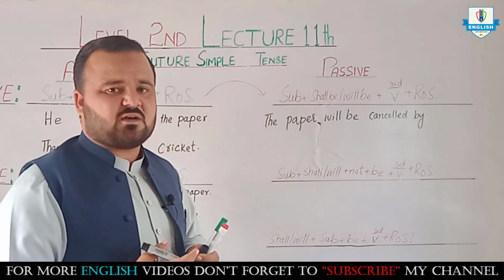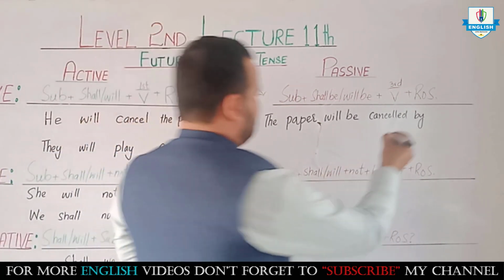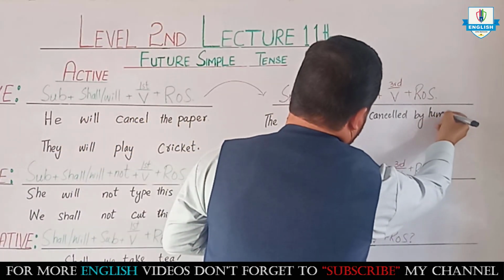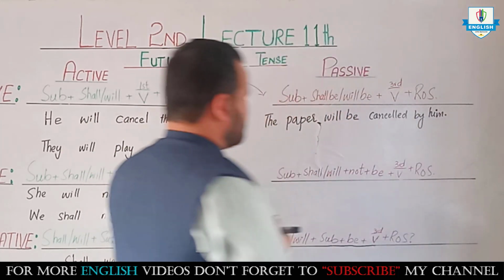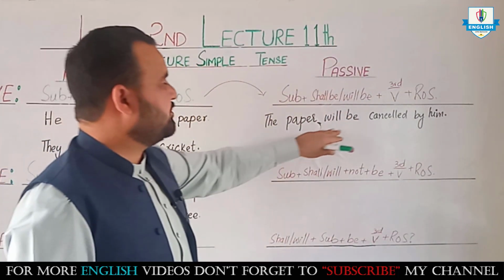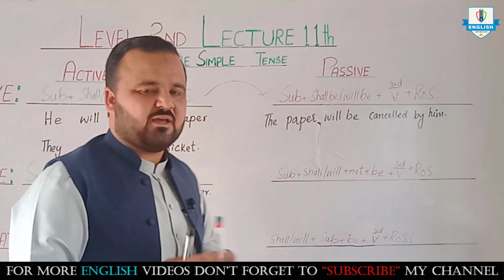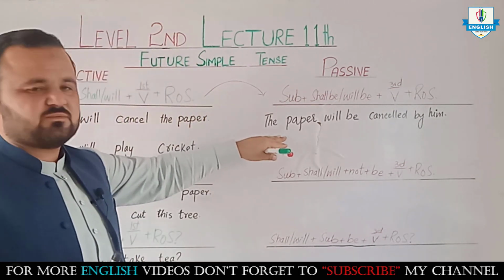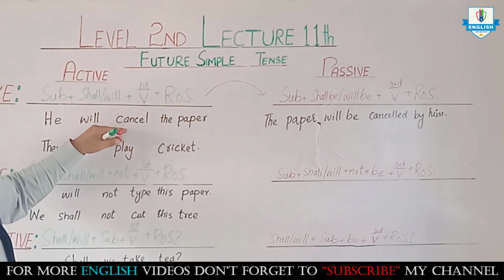The objective case of he is him. Got it? The paper will be cancelled by him. This is the passive structure of this sentence.